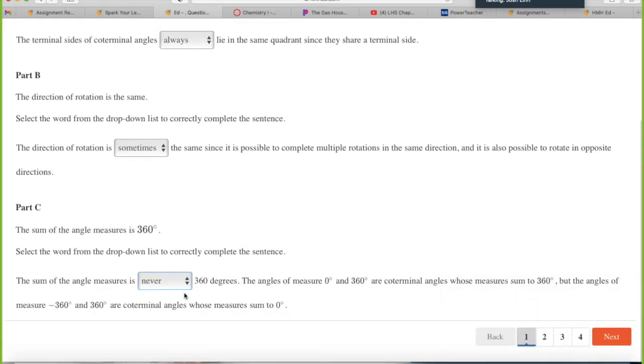The angle measures of 0 degrees and 360 are coterminal angles whose measures sum to 360. But the angles of measures negative 360 and 360 are coterminal angles whose measures sum to 0. I think so. Let's check our work on this one.